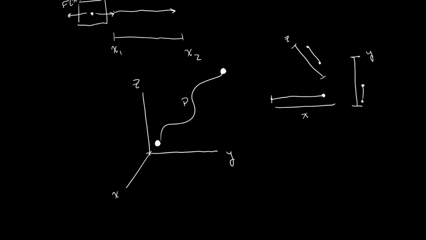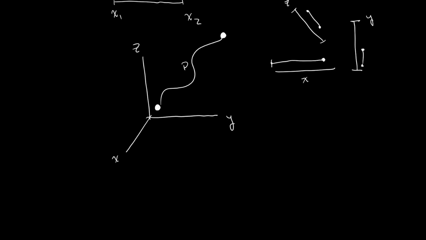Okay, so let's just say that the total work, then, is the work in each one of these directions. So I might say that the work done is equal to the work in the x direction, plus the work done in the y direction, plus the work done in the z direction.